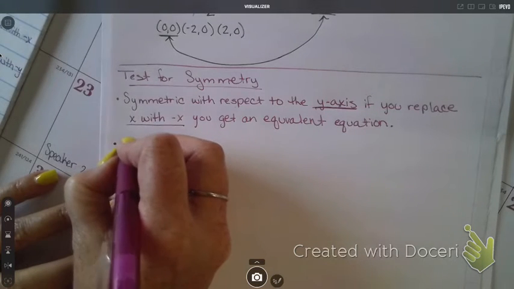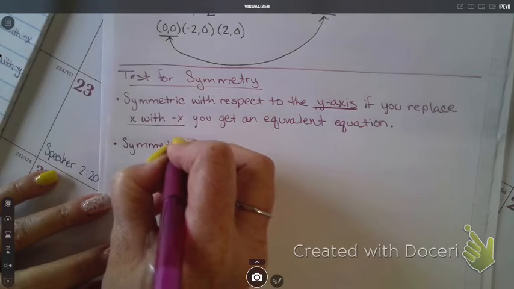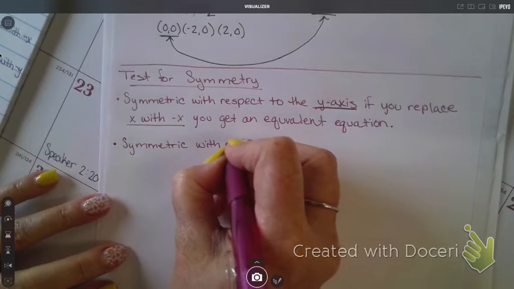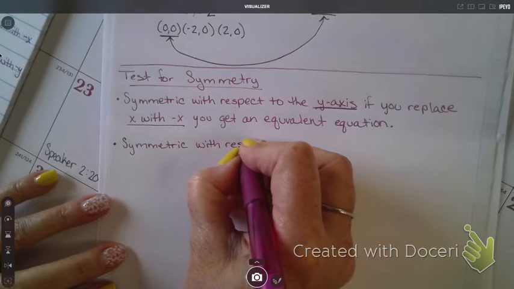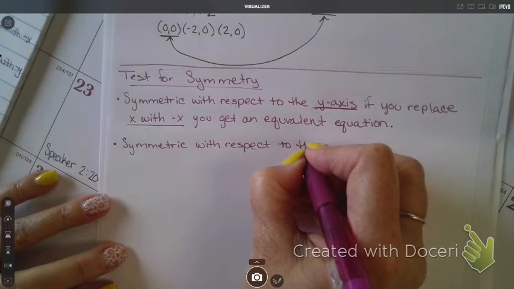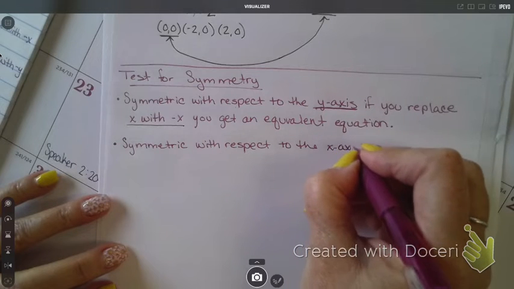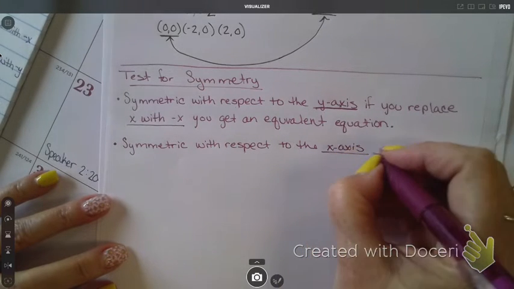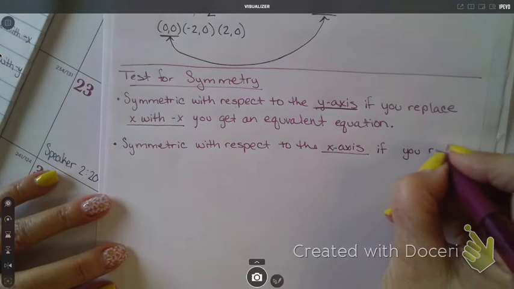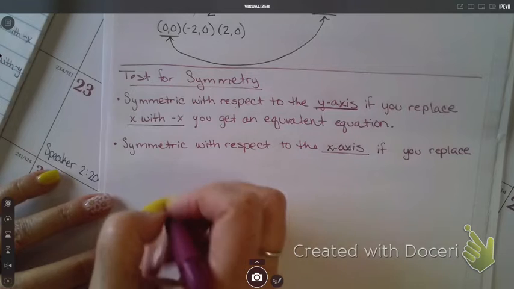Symmetric with respect to the x-axis if you replace, anybody want to guess? y with negative y.